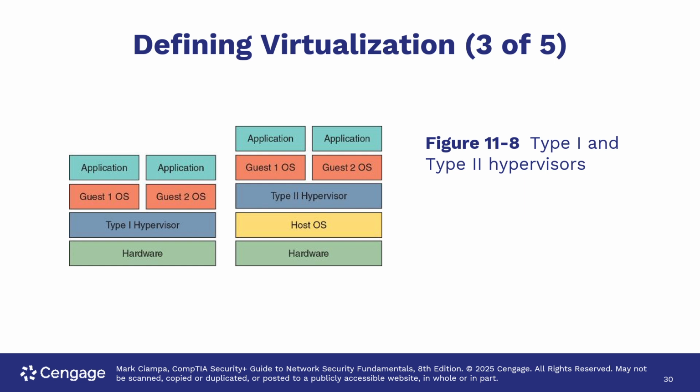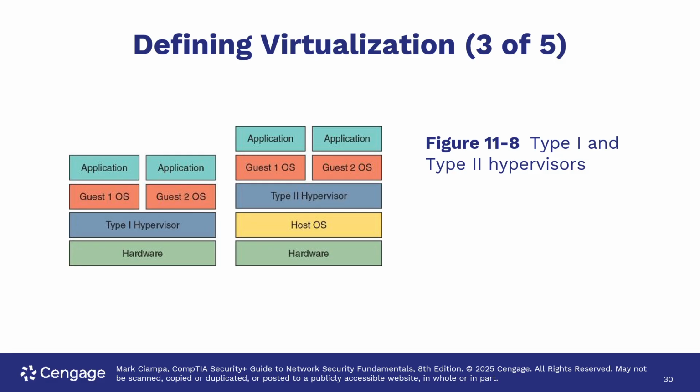So here's an example of the type 1 and type 2. You see here on the left side you have the hardware. You're booting up right into the hypervisor. That's the operating system that loads the hypervisor. Then you have the ability to run guest operating system 1, guest operating system 2, and run their respective packages, application 1, application 2.